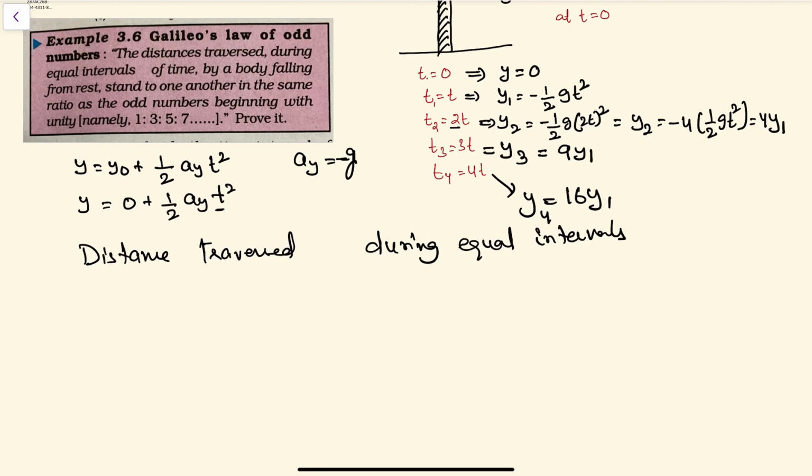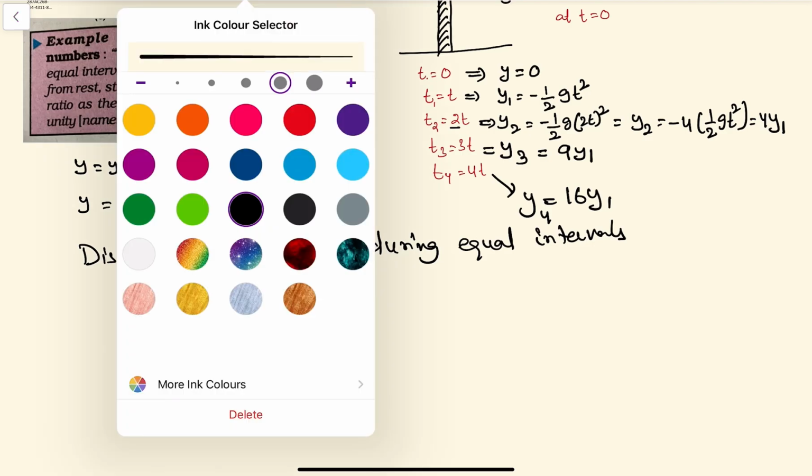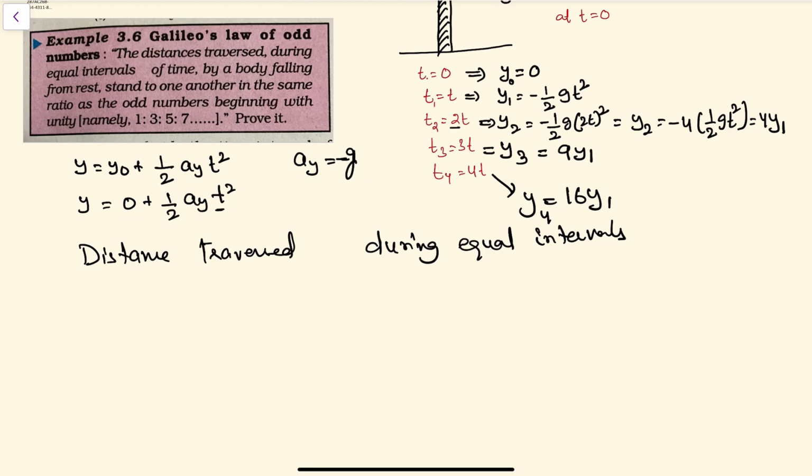y minus y naught, y1 minus y naught, y2 minus y1, y3 minus y2.